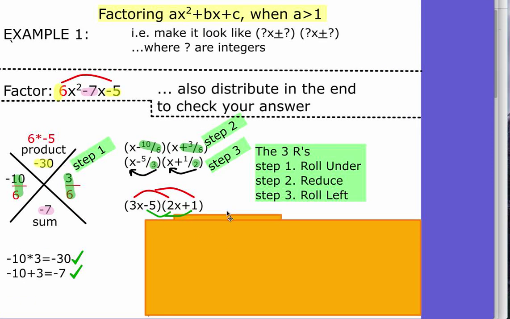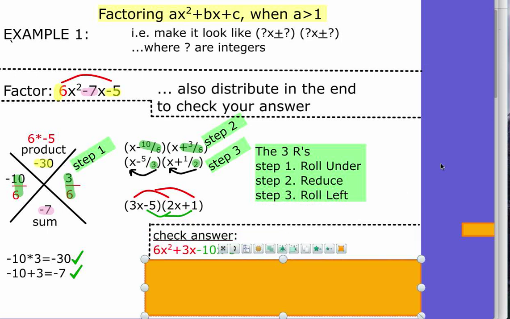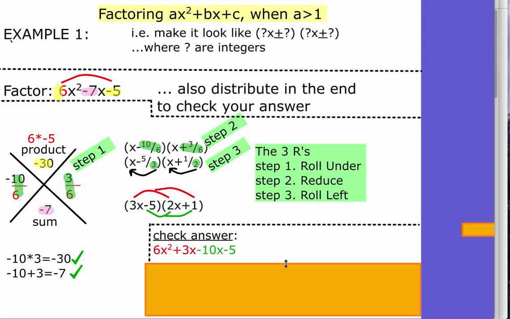Hopefully you can see that the red strands from distribution become the red terms right here, and that the green strands from the distribution become these green terms right here. We're almost done distributing.